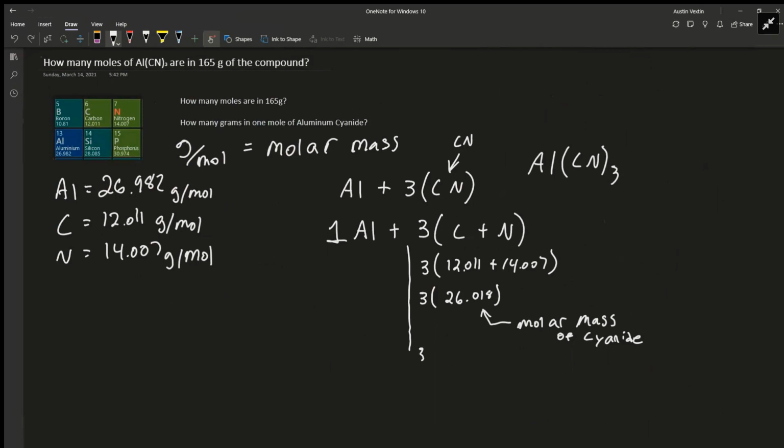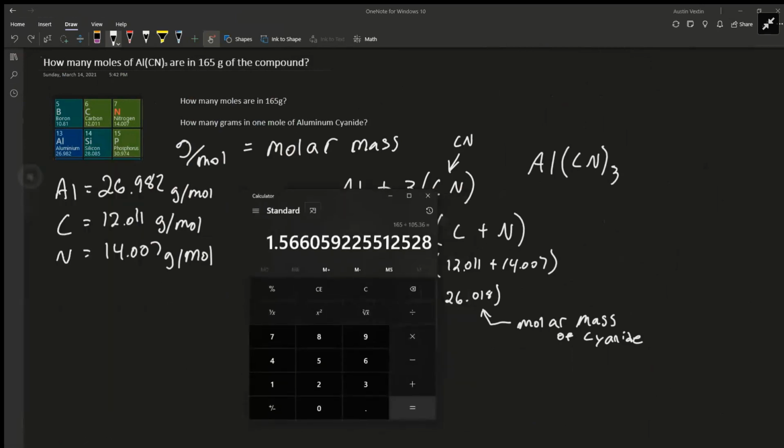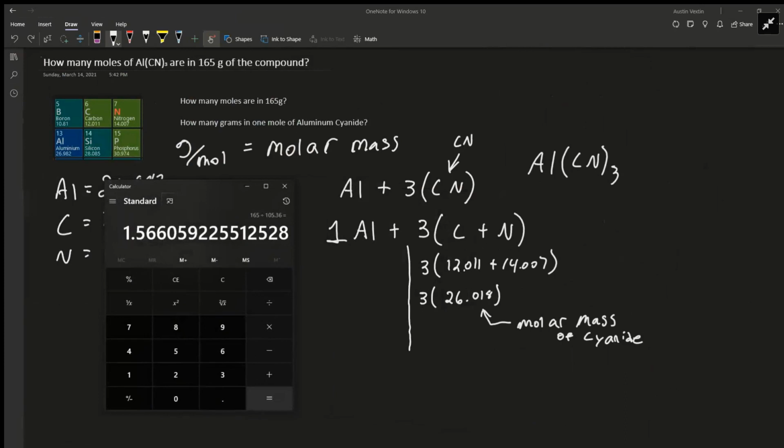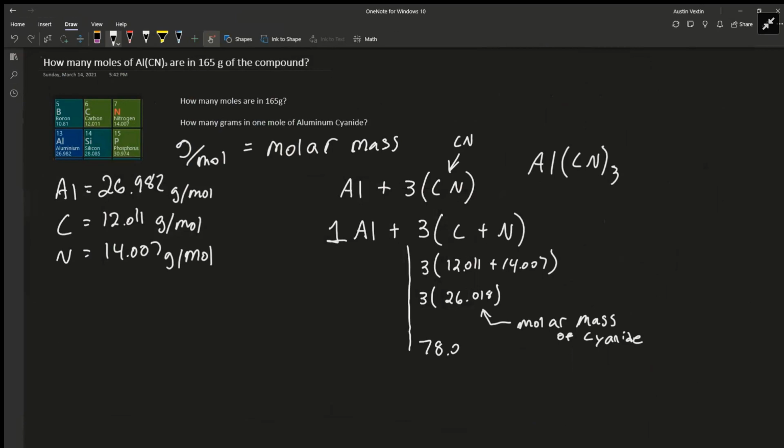So let's keep going. Let's multiply by 3, since we have 3 parts cyanide in every aluminum cyanide molecule. So 3 times 26.018 is 78.054. Again, this is molar mass, so our unit is grams per mole. Awesome. And then we can just add on our 1 aluminum, which is 26.982.